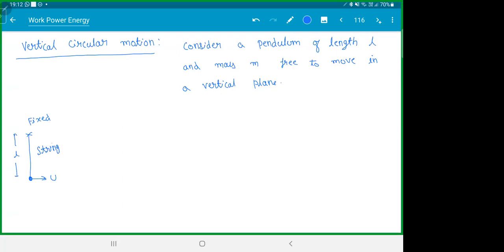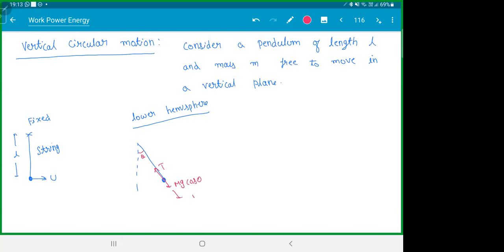So now when you project this, if you look in the lower hemisphere, or you can say the lower quadrants, if you draw the FBD in the lower hemisphere, this is what you will see. We have tension. If you take this as theta, we have mg cos theta.